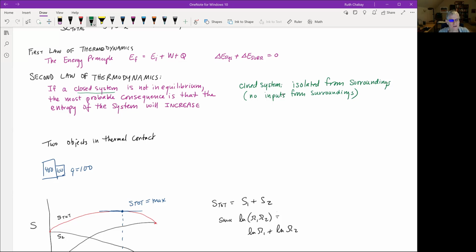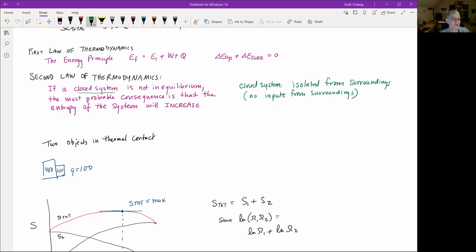What's new is the second law of thermodynamics, which at its root is based on this whole probabilistic view of what's happening at the microscopic level. And there are lots of ways of saying it. One way is that if a closed system is not in equilibrium, the most probable consequence is that the entropy of the system will increase.